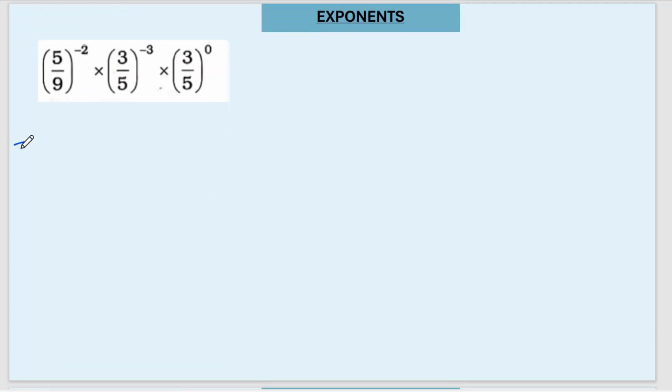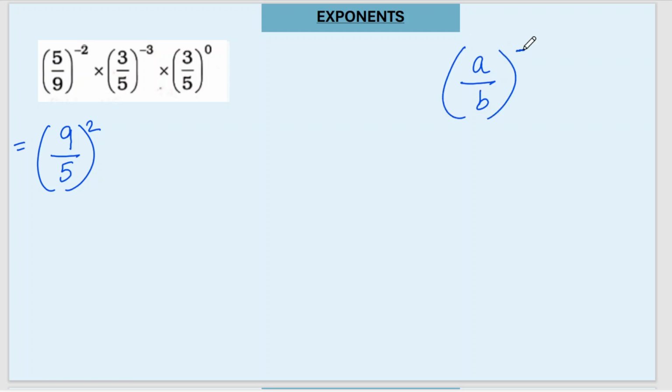Next question is (5 by 9) to the power minus 2 into (3 by 5) to the power minus 3 into (3 by 5) to the power 0. Okay? So (5 by 9) to the power minus 2 can be written as (9 by 5) to the power 2. I have told you (a by b) to the power minus n can be written as (b by a) to the power n.